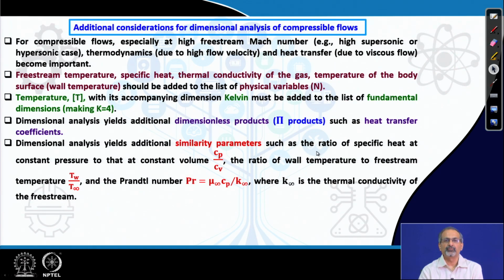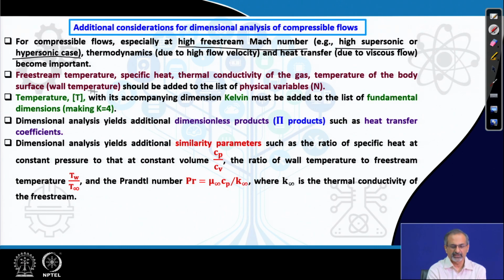What will be the augmentations, the additions when we look at compressible flows? Let us try to have a brief look on that. So, for compressible flows, we know that when the free stream Mach numbers become high supersonic or hypersonic cases, then thermodynamics due to very high flow velocities and heat transfer due to the viscous effects in the boundary layer become very, very important.